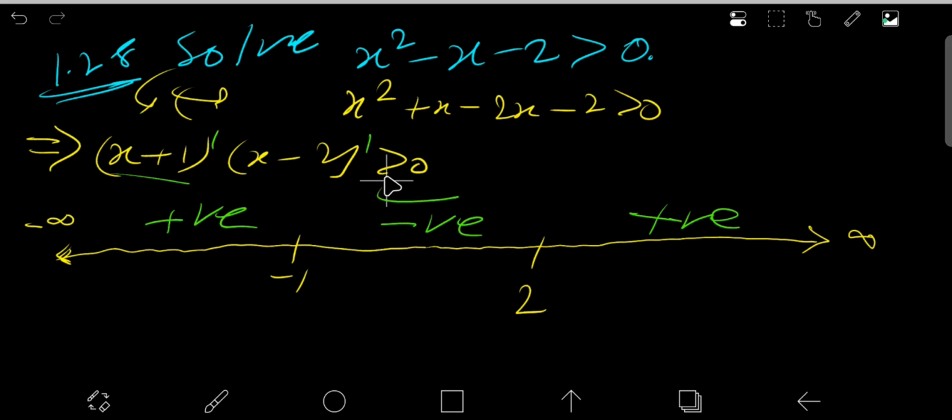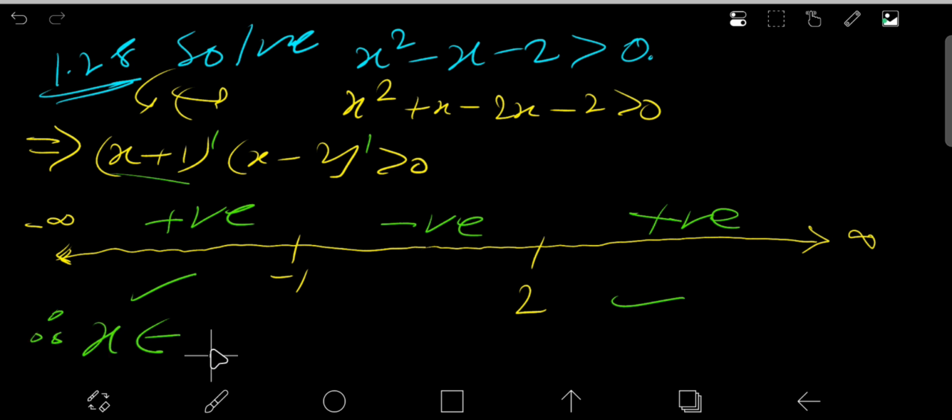In the final solution, this inequality is greater than, meaning we take only the positive intervals, this interval and this interval. There is no equal sign in this inequality, so we take only open intervals, not closed intervals.